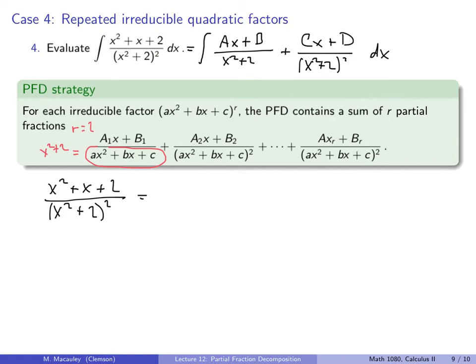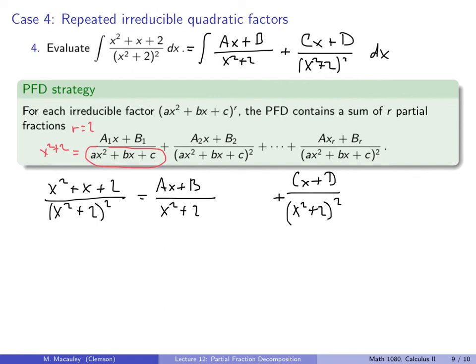So we write this as x squared plus 2 on the bottom, and ax plus b, and let's leave a little room, plus (x squared + 2) squared times (cx + d).